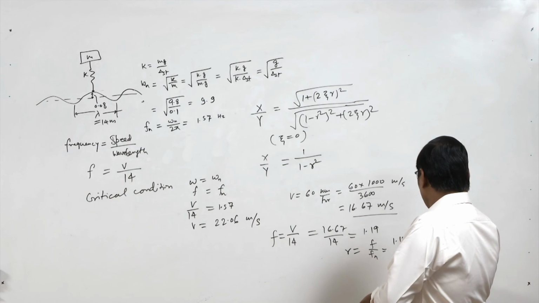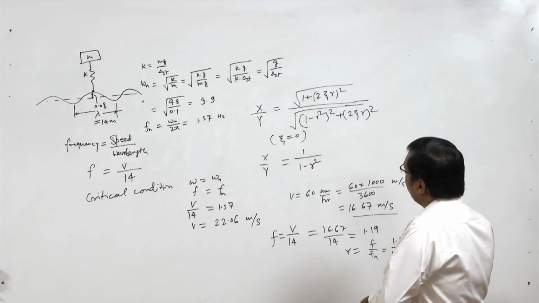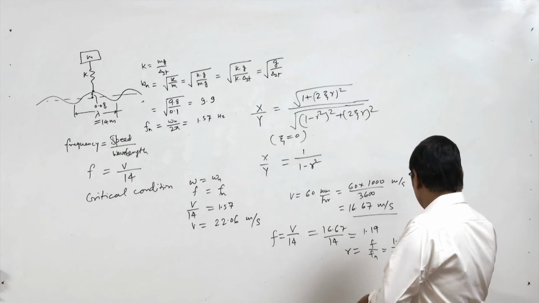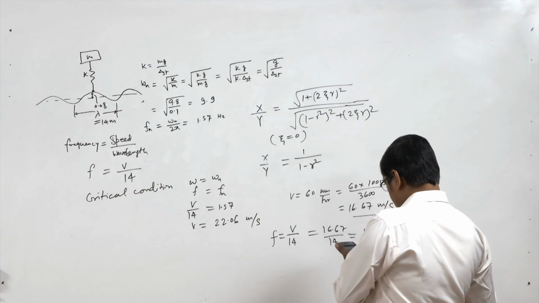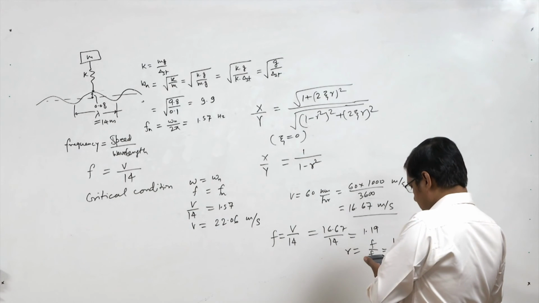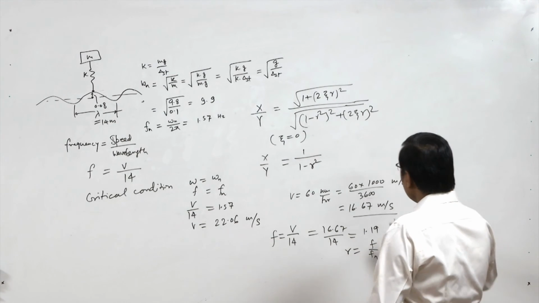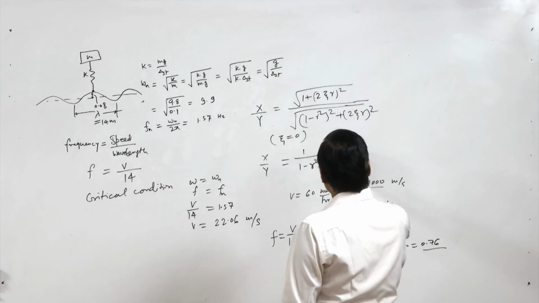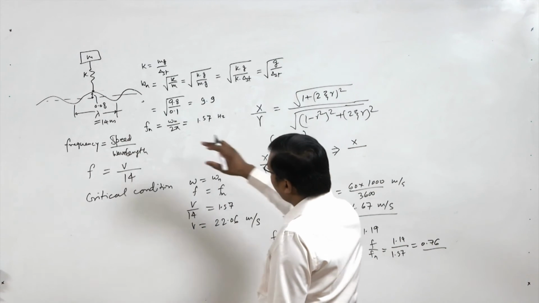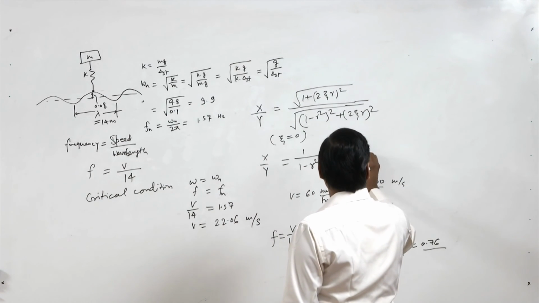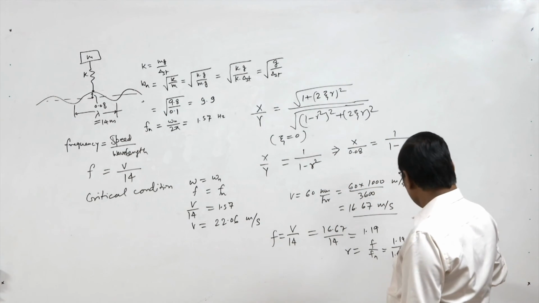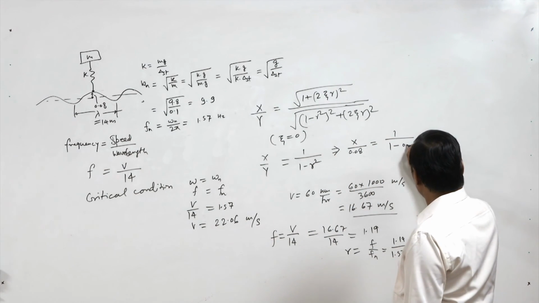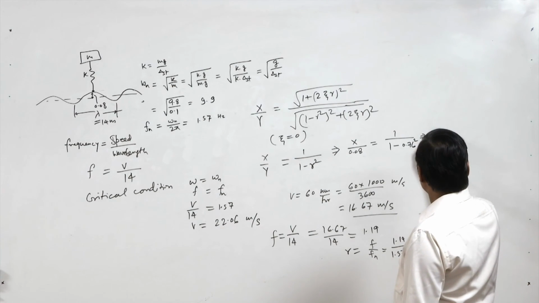This is 1.19 and fn is 1.57, so it is 0.76. This we can put here. So x upon y, we have 0.08 times 1 upon 1 minus r square, or 0.76 square.